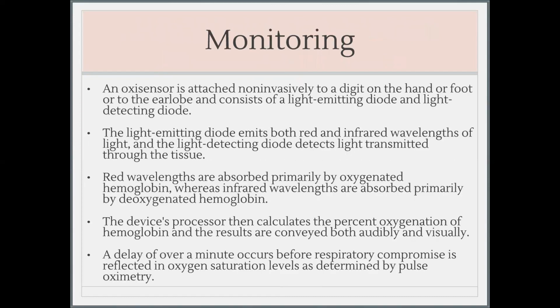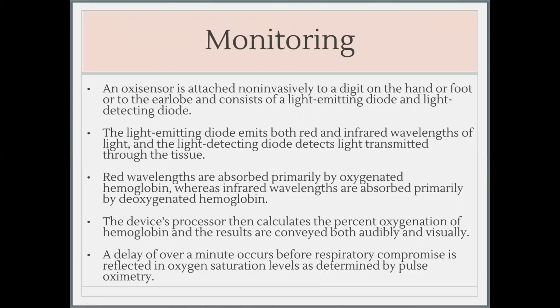It must be mentioned that any time that a patient is sedated or you plan to sedate a patient, you need to monitor the patient with a pulse oximeter or capnograph or a combination of both. An oxy sensor is attached to a digit on the hand or foot or to the earlobe, and it consists of a light emitting diode and light detecting diode.